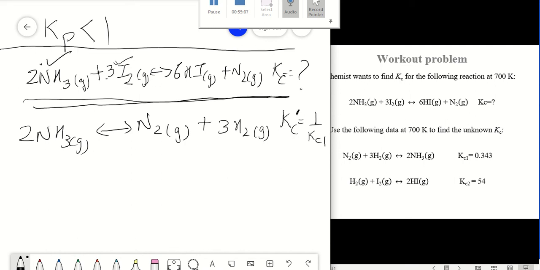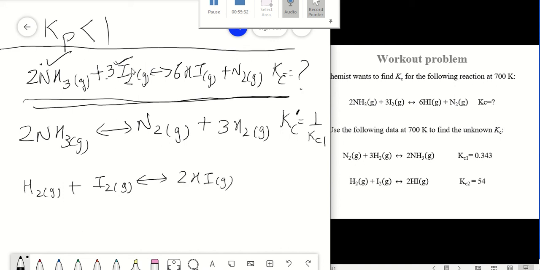Now let's look at our second reactant. I need iodine, I2. Where is my iodine in the given reactions? I see iodine in my second reaction. Perfect, it's in the reactant. I want it on the reactant side, so I don't have to reverse it. So I can just write it as H2 gas plus I2 gas changes to 2HI gas.